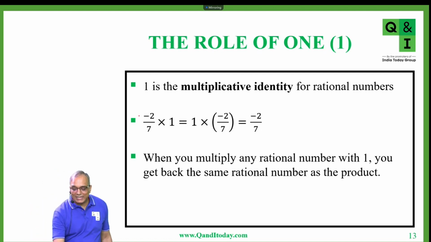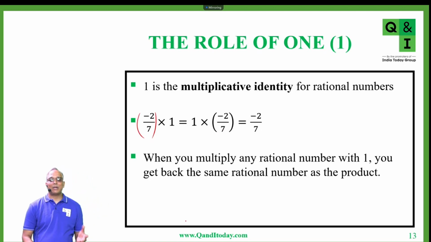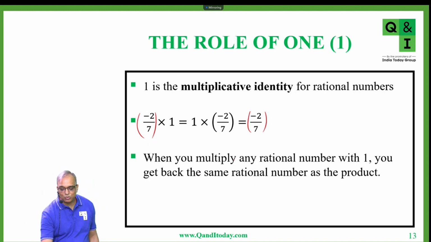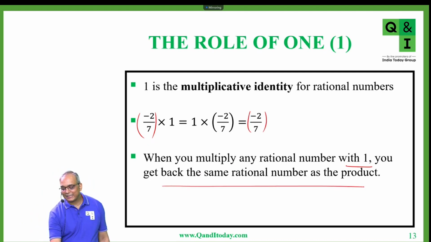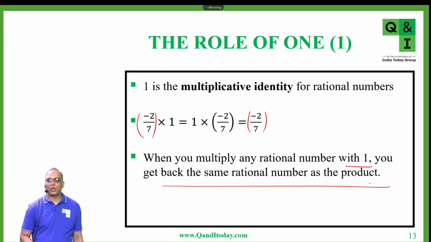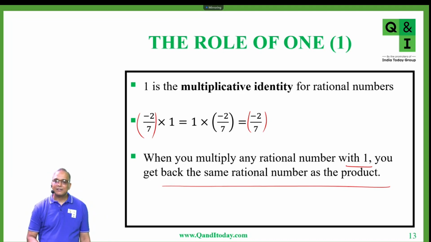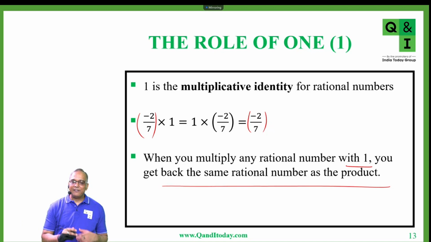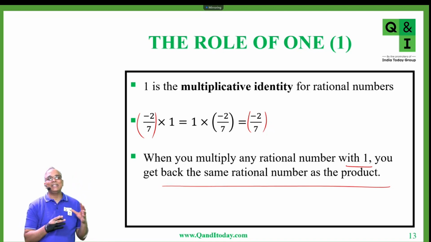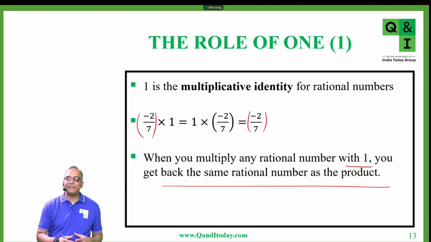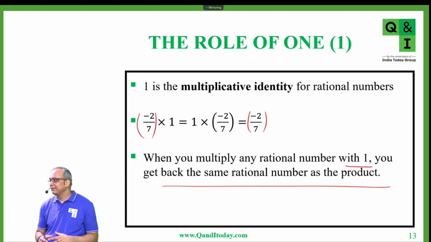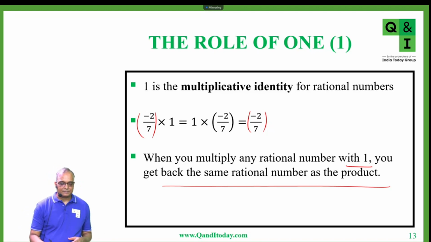So minus 2 by 7 multiplied by 1 is the same as 1 into minus 2 by 7, which is equal to minus 2 by 7. So when you multiply any rational number with 1, you get back the same rational number as the product. Clear? Everyone has understood the concept of additive identity and multiplicative identity?